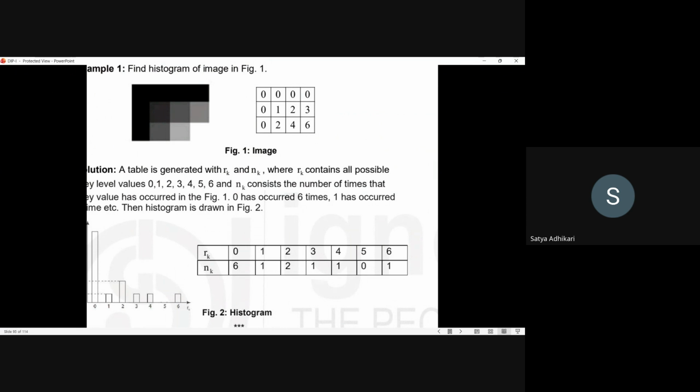The gray level value 1 is darker, 2 is more dark, 3 is more dark than 4, and 4 is more dark than 6, and 6 represents the white color, that is, more bright. It is not exactly white, but you can treat it as more bright. That is why it represents a white color.